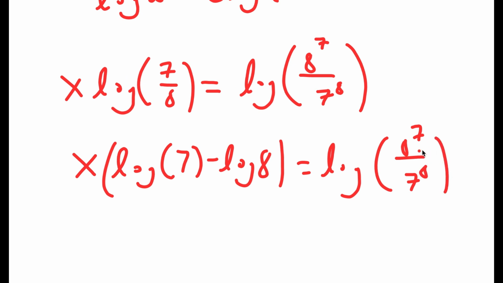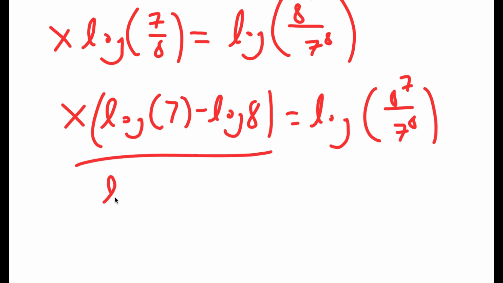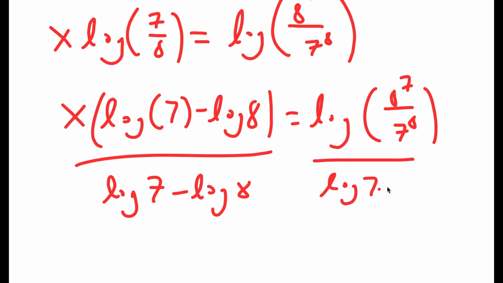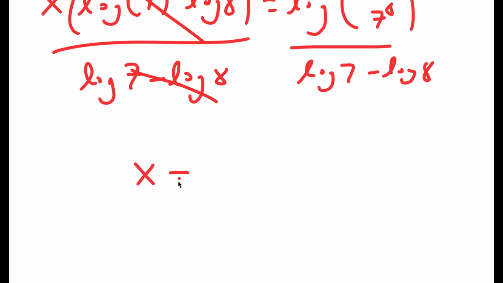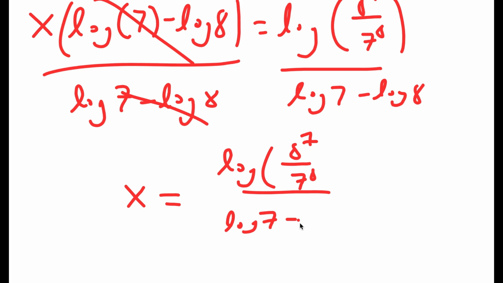And now, I'm going to go ahead and divide both sides by log 7 minus log 8. So then these two cancel out, and I get x is equal to log of 8 to the power of 7 over 7 to the power of 8 over log 7 minus log 8.